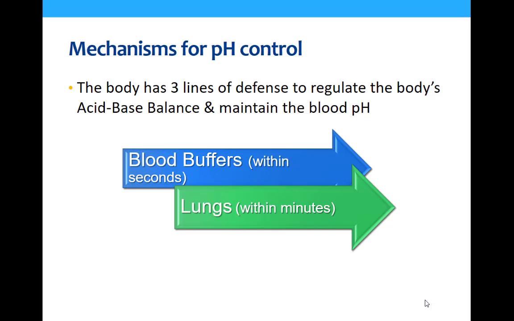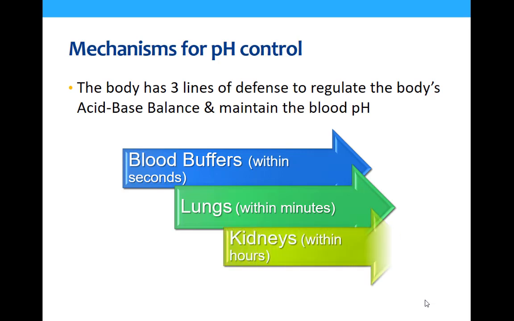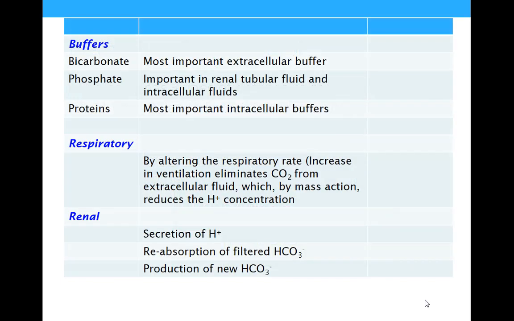If this second line of defense is not successful either, then we go to the third line of defense, which is the kidneys. Okay, this mechanism can begin within hours, but sometimes it may take days before it can bring the pH back to normal.